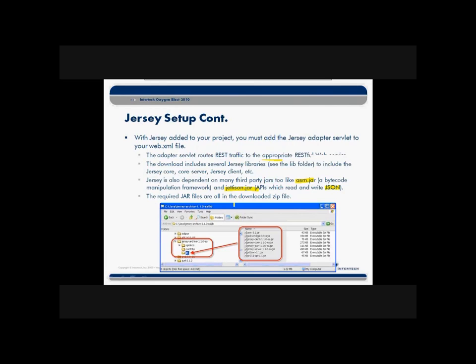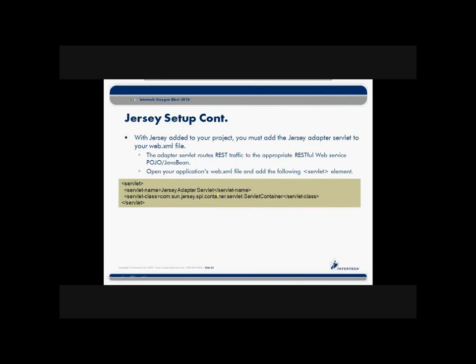With Jersey added to your project, what's next? Well, the next thing we have to do is inform our application environment that we're about to use Jersey, or that, if you will, traffic needs to be routed to our Jersey environment. Now, what Jersey provides at its heart is something called the adapter servlet. Think about it: you've got a client out there, and a client is sending in all these RESTful requests via URL out to our server.